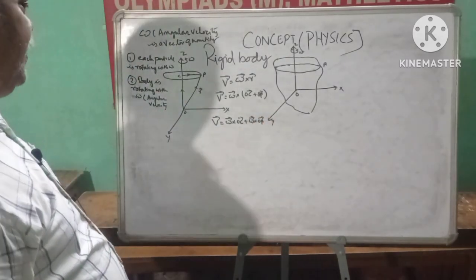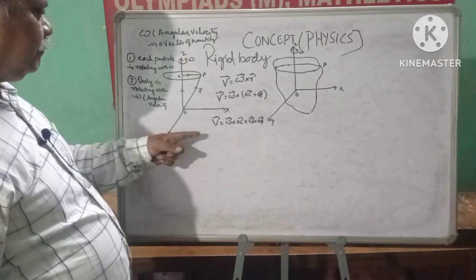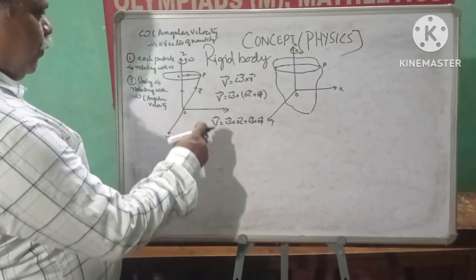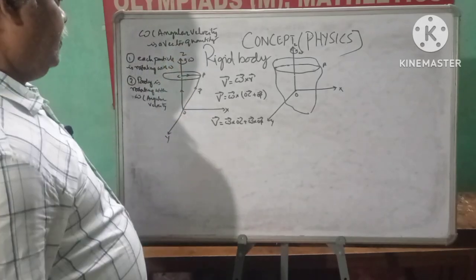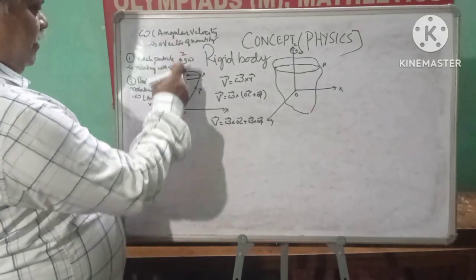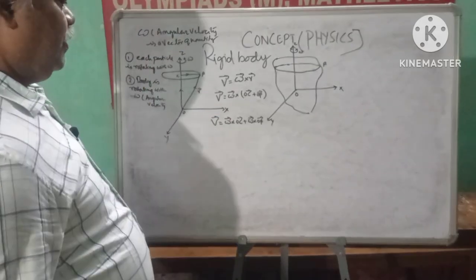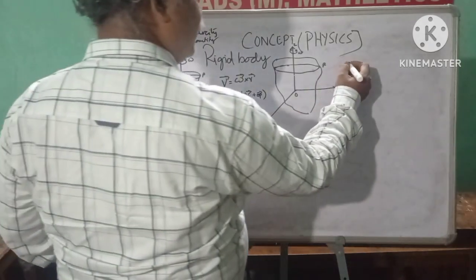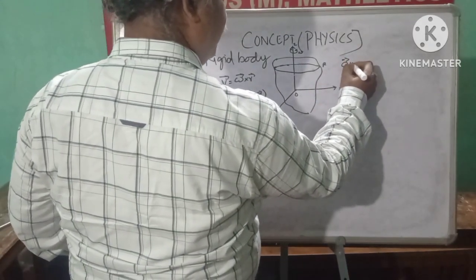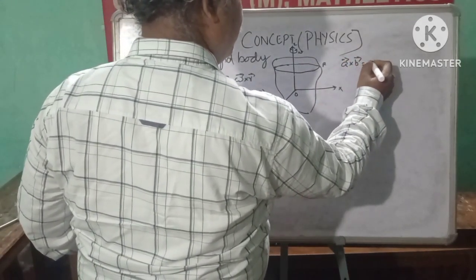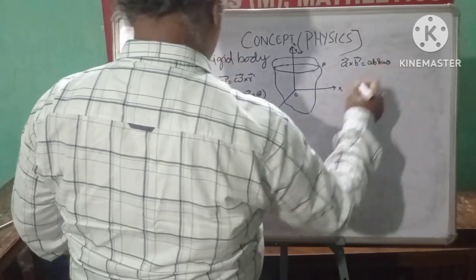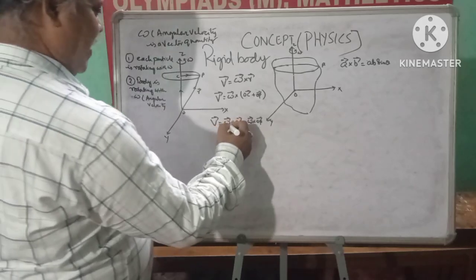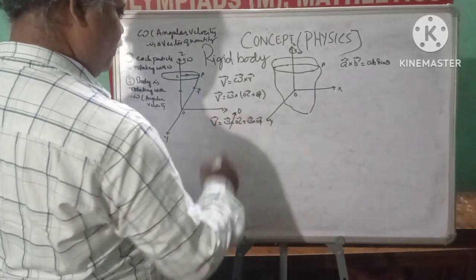So what do we find here is that your OC and omega, they are in the z axis. That means we know that in cross product it is AB sine theta. So here your theta is 0, so this is 0.